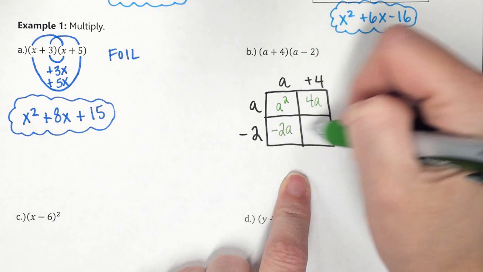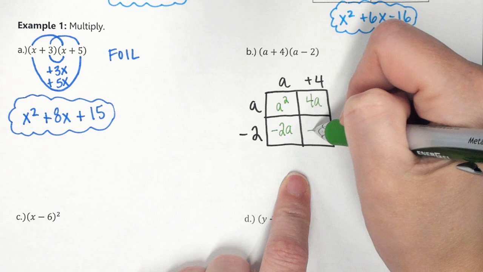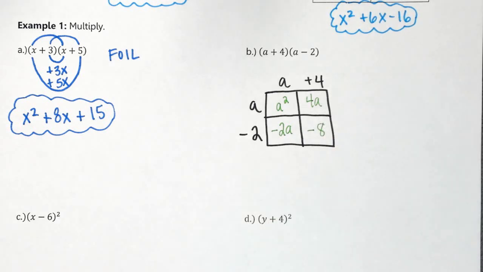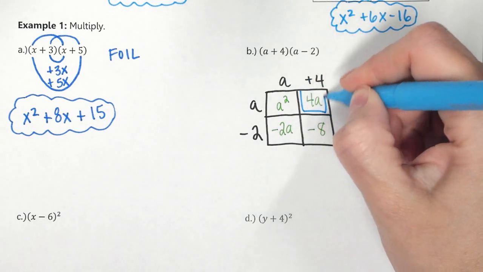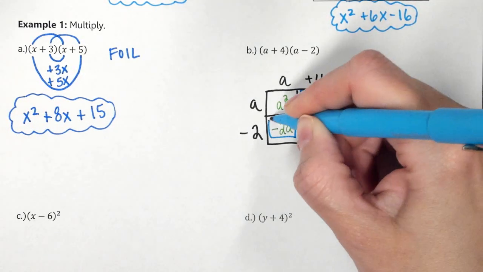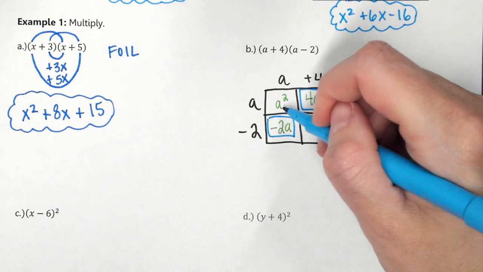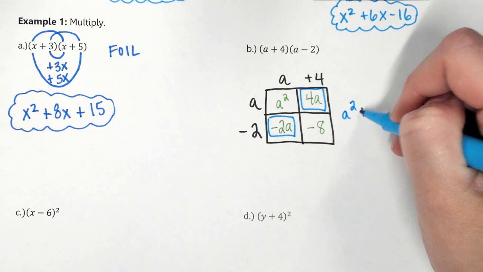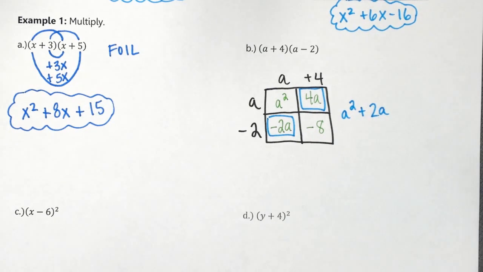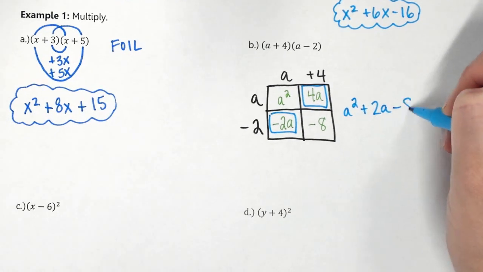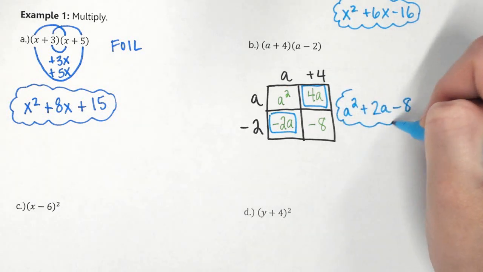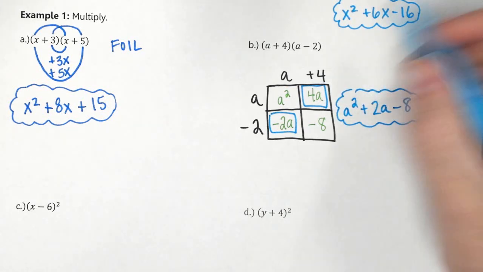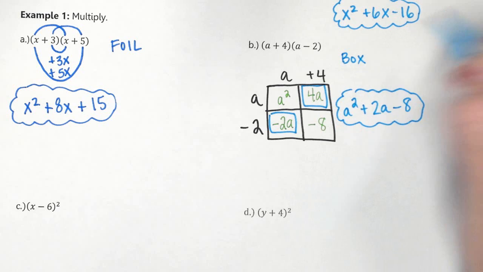Negative 2 times 4 is negative 8. Okay, and then you'll start to see you're always going to combine the ones that just have your a in them. So a squared is going to stay. 4 minus 2 is 2, so this is 2a. And then you have the negative 8. Okay, so for this one we're using the box.